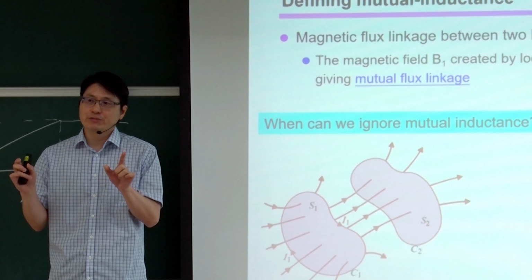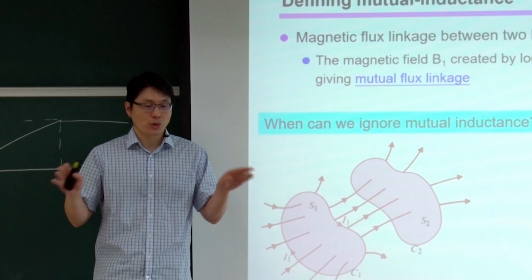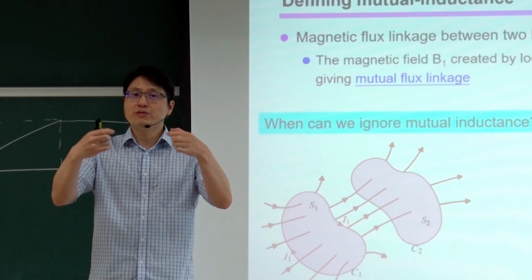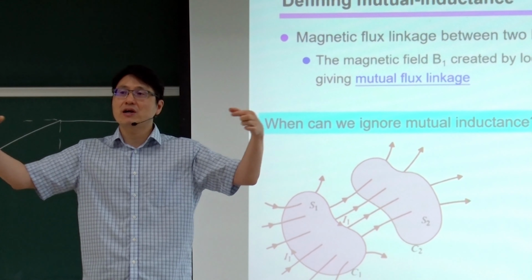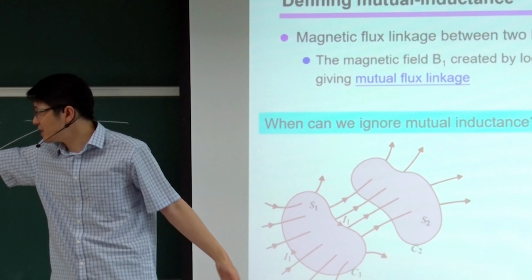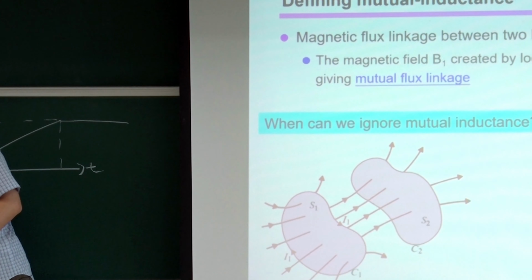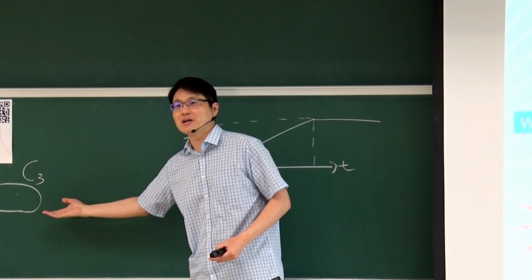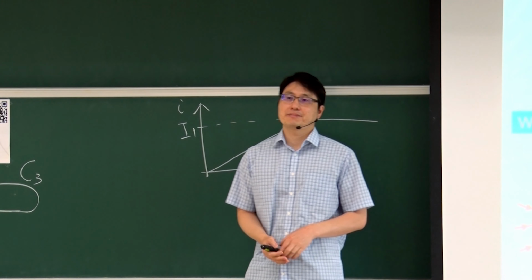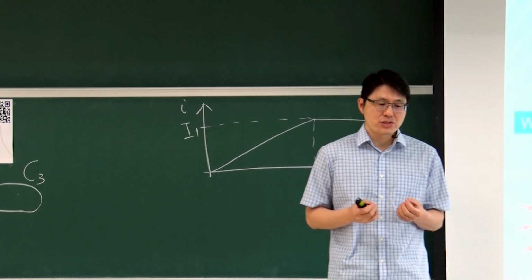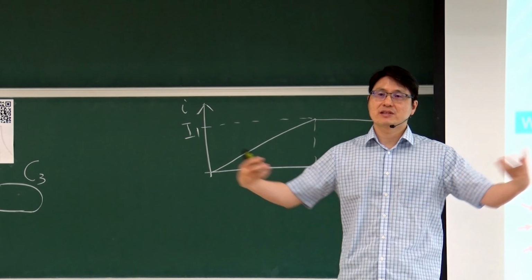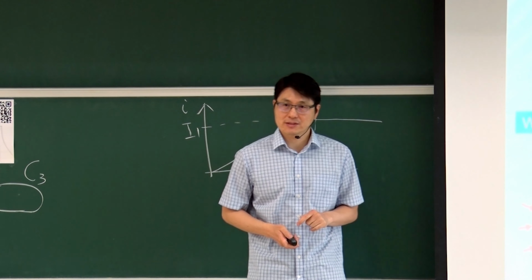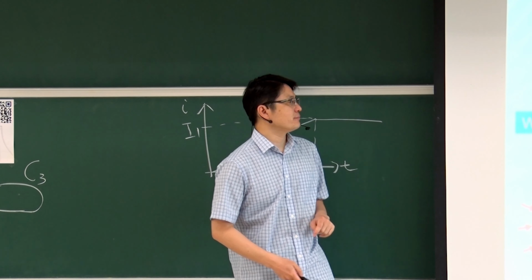So the most effective way to prevent or to kill mutual inductance is to move the two loops very far apart, right? In this case, I feel tired, so the field line must also feel tired of coming all this way, okay? So the most effective way is to keep them very distant. Then you can reduce mutual inductance, all right?